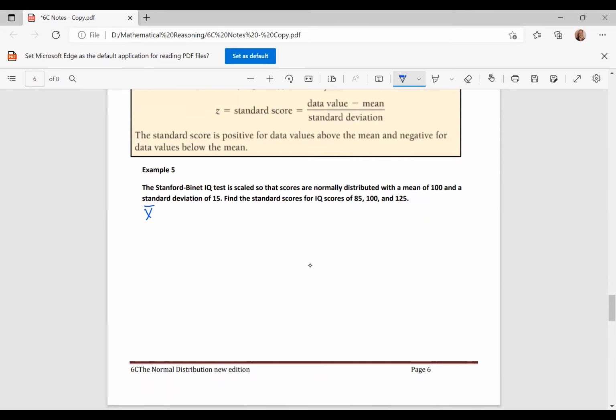So it's telling us we have a mean of 100 and a standard deviation of 15. So this is our mean. This is our standard deviation. It's telling me that in the problem. Okay, they want me to calculate the standard score for somebody who has an IQ of 85.